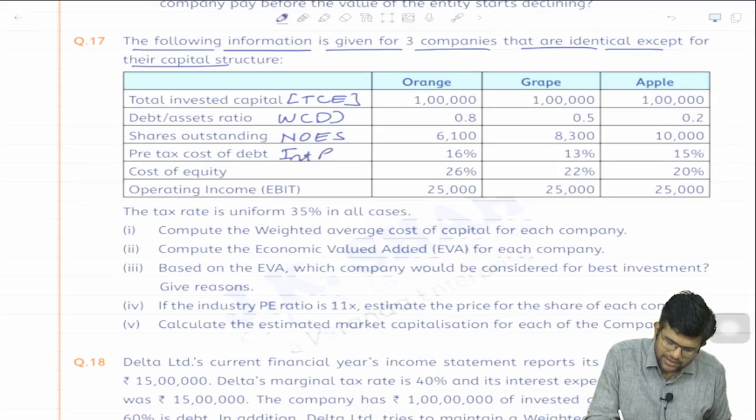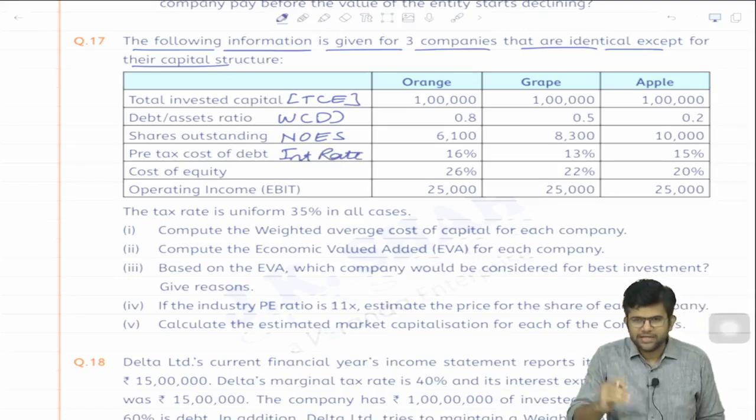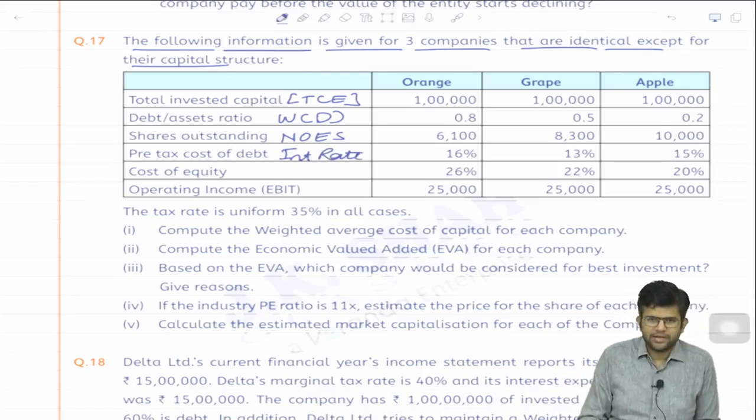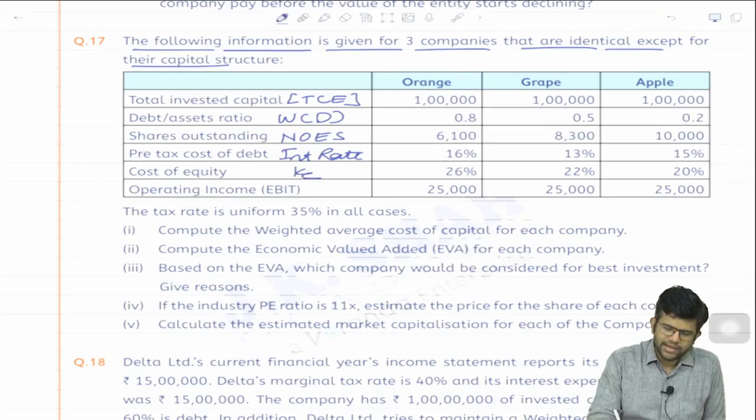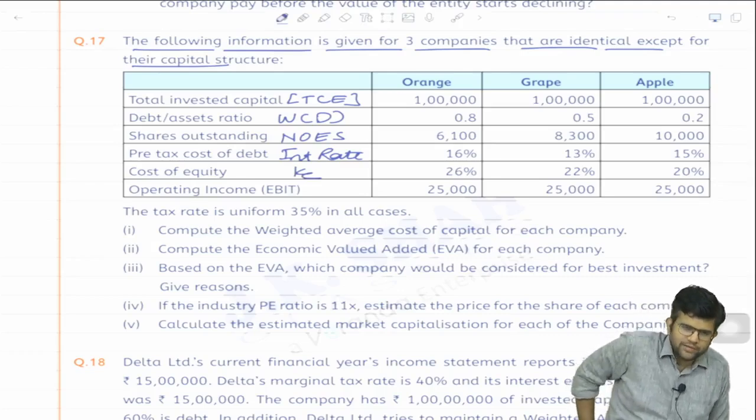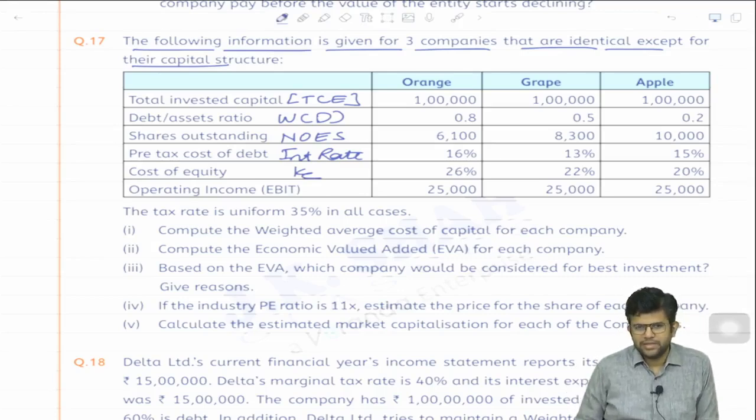Everyone clear? It is the interest rate because KD is post tax. KD is after tax. Cost of equity is KE. And for the last one, finally they wrote the word which we understand, that is EBIT. Everybody clear? So all this info is given.